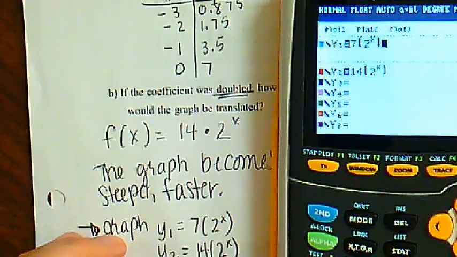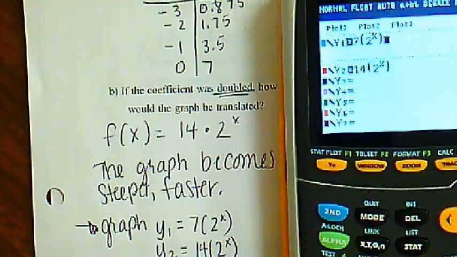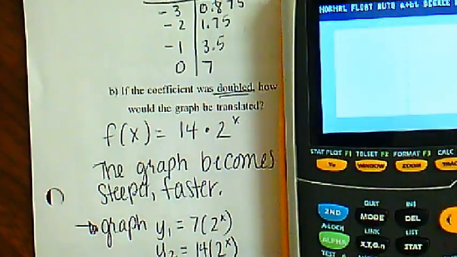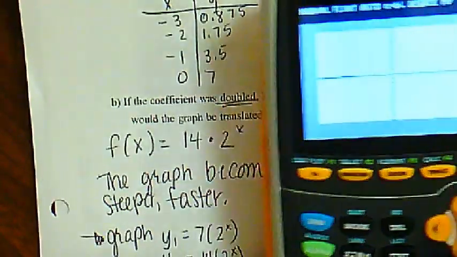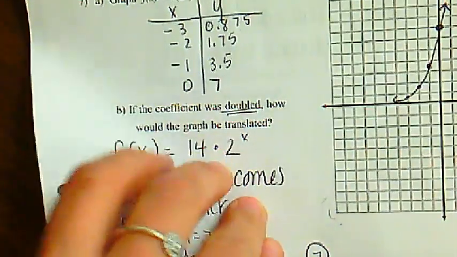I did the original in y1 and the one that is doubled in y2. So again, if I press graph, it's going to do my original one with the 7. Now my screen has a 10 by 10, but you still should see the change. Okay, so the one where 14 is my coefficient, it just gets steeper faster.